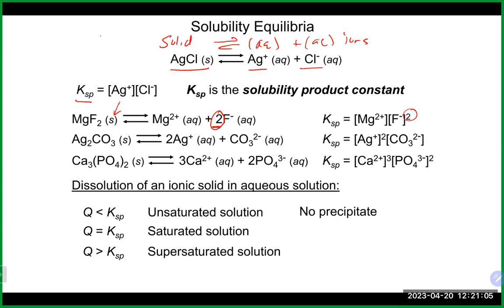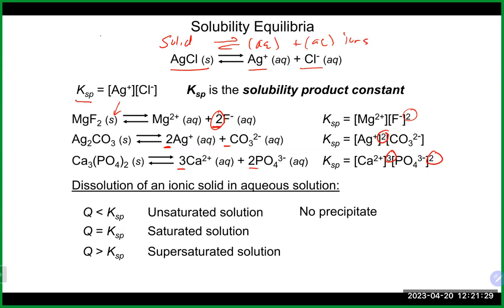So that is going to be the concentration of magnesium times fluoride squared. Same thing with our silver carbonate: we've got a coefficient there, and we need to make sure we include it when we write the KSP expression. And with something like calcium phosphate, we actually have two coefficients, and again, they both need to be incorporated.